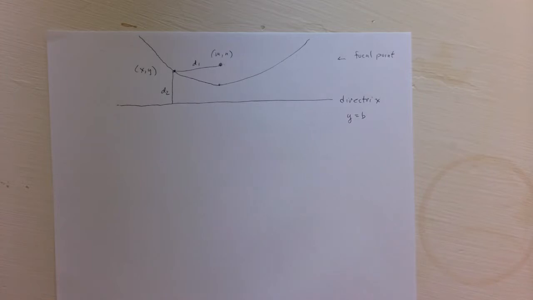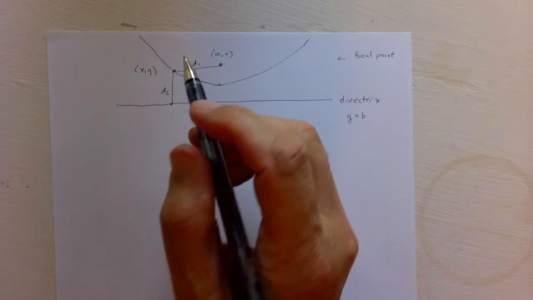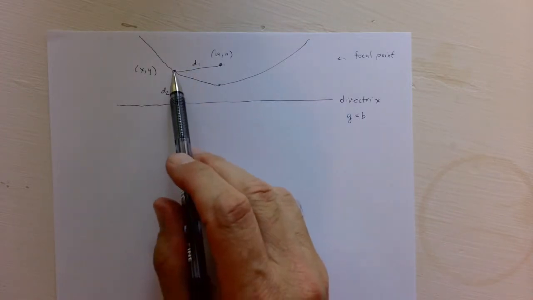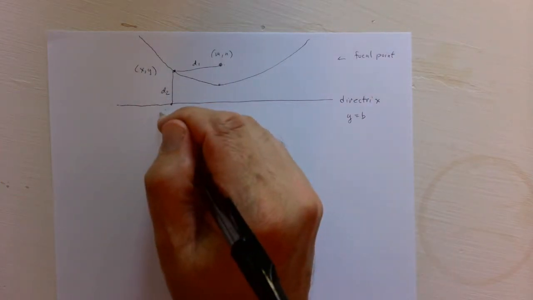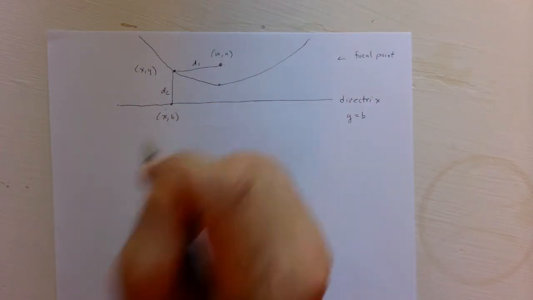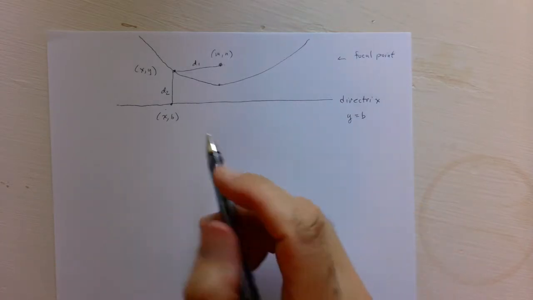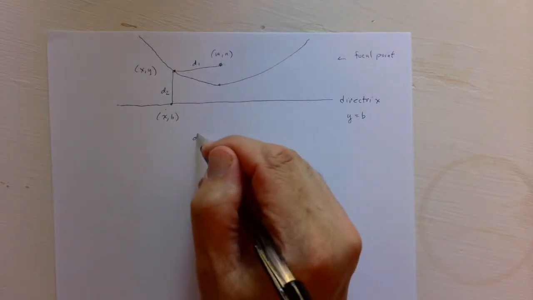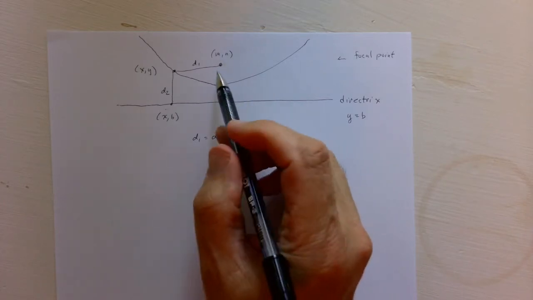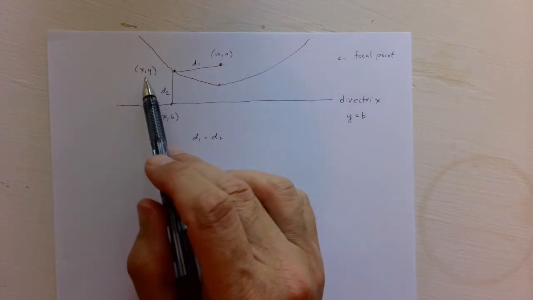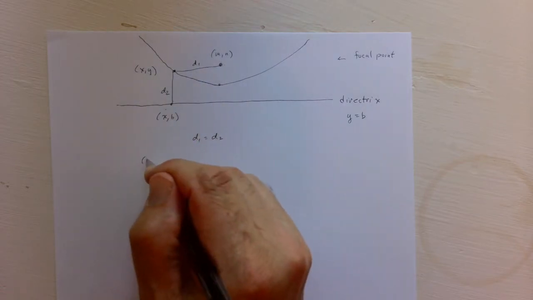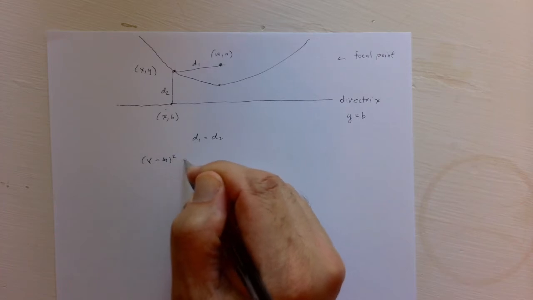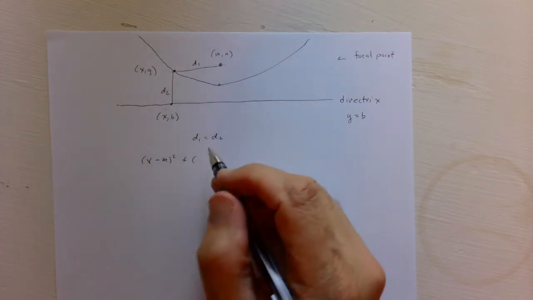How do we get the equation? First, let's find what this point would be. The x-coordinate is going to be the same as the x-coordinate here, and the y-coordinate would be b. So this would be (x, b). We can use the distance formula. We want d1 equal to d2. d1 is the square root of (x minus m) squared plus (y minus n) squared.